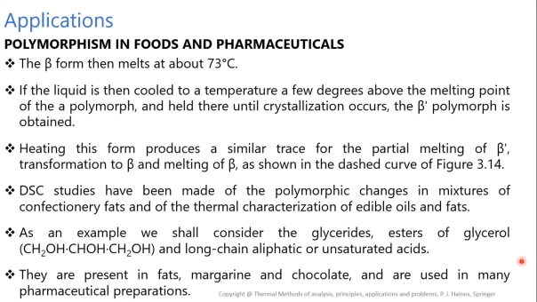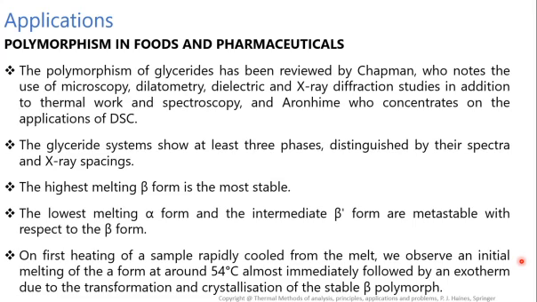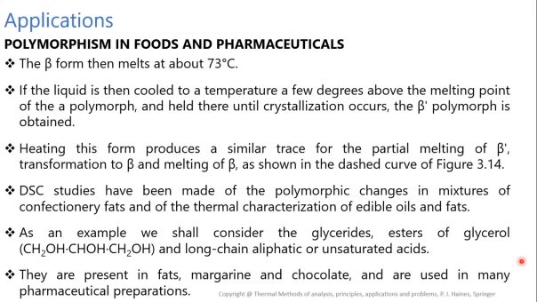Then the beta form melts at 73 degrees Celsius. So at 54 there is a melting of the alpha form, and at 73 there is a melting of the beta form.